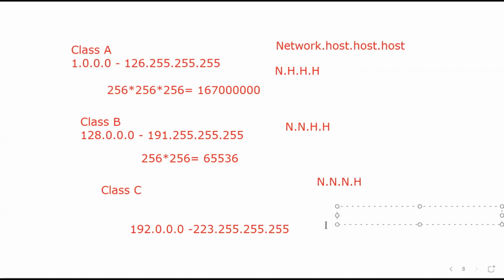So how many IPs we can assign through class C is 256.